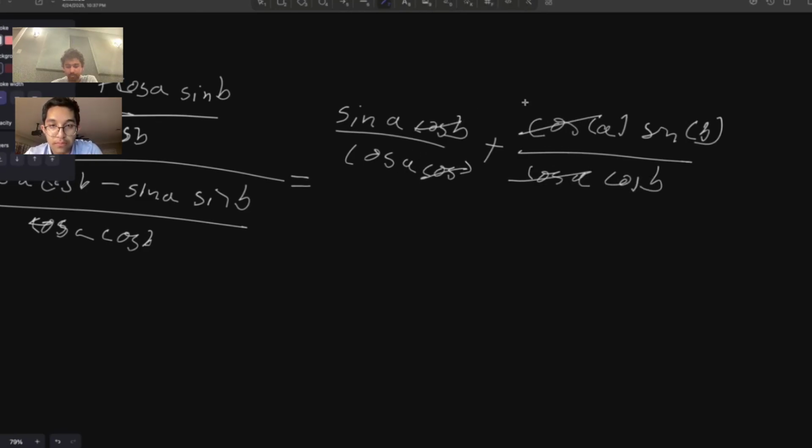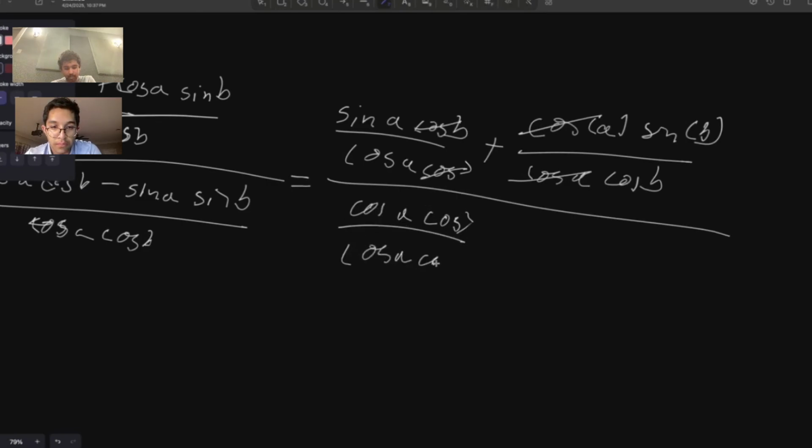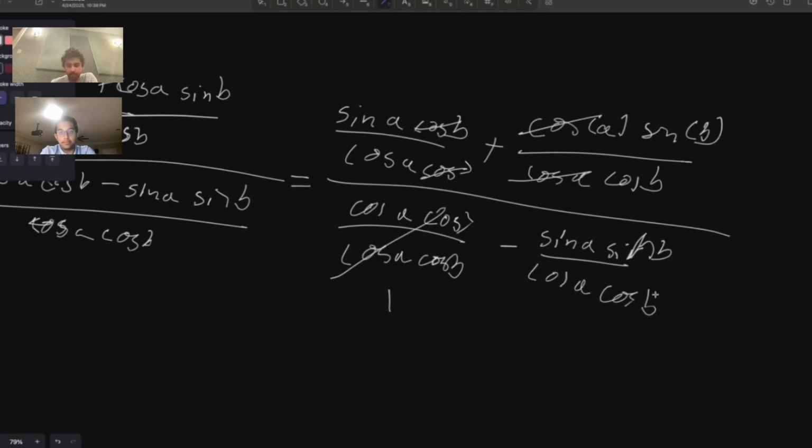The cosine B in the first part cancels with the numerator, and the cosine A in the second part cancels with its numerator. The denominator becomes 1 minus sine A sine B over cosine A cosine B.